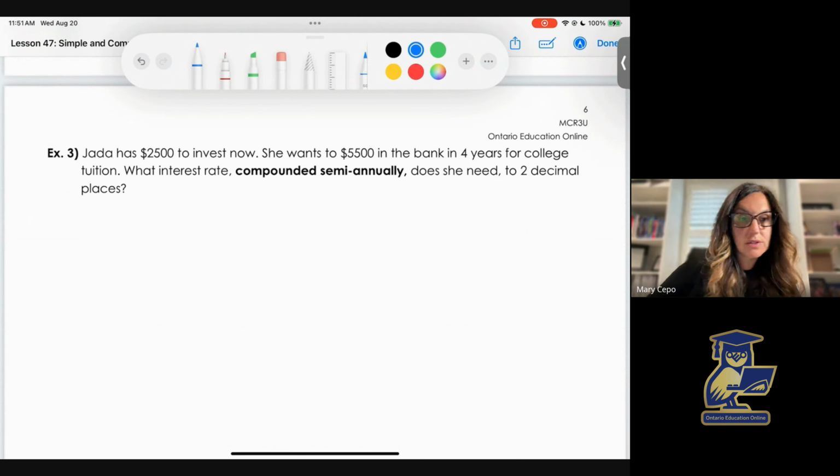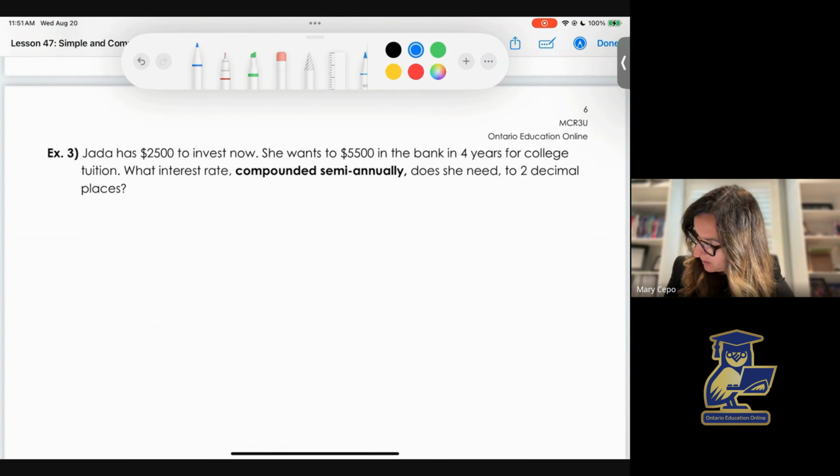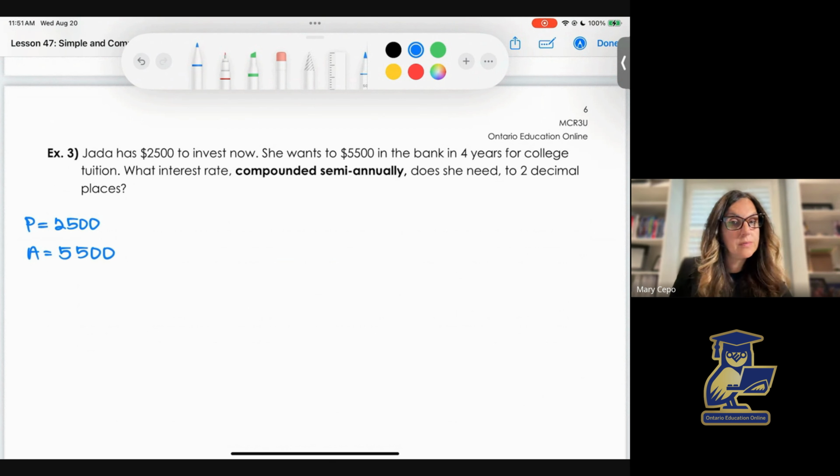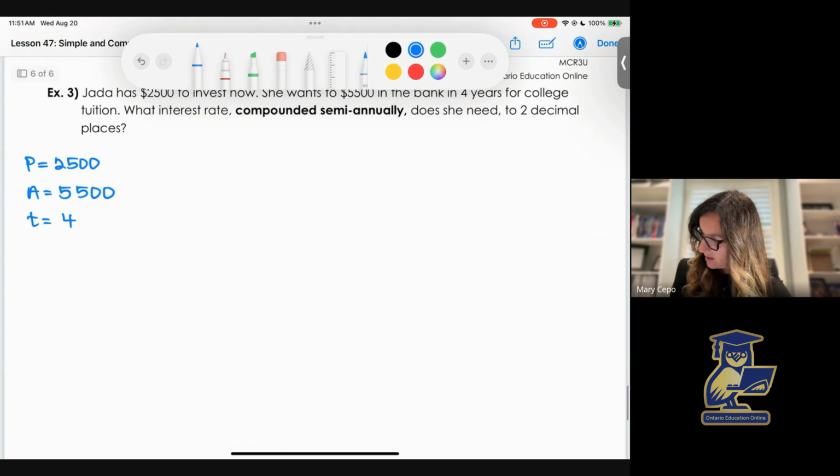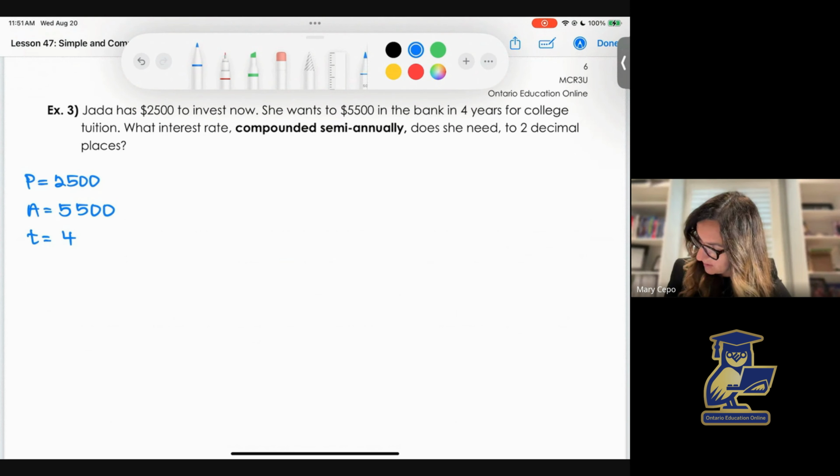We know the principal is $2,500 because that's what she's investing. The final amount that she wants is $5,500. We know that the time is 4 years. We also know that she's compounding it semi-annually, which is 2.